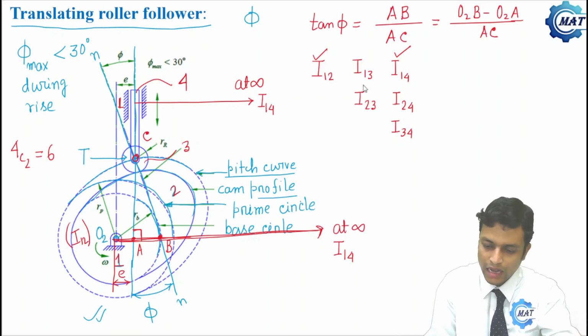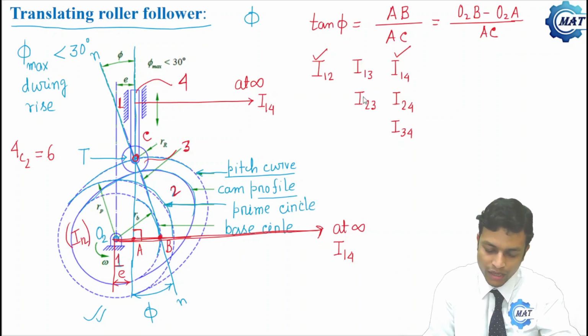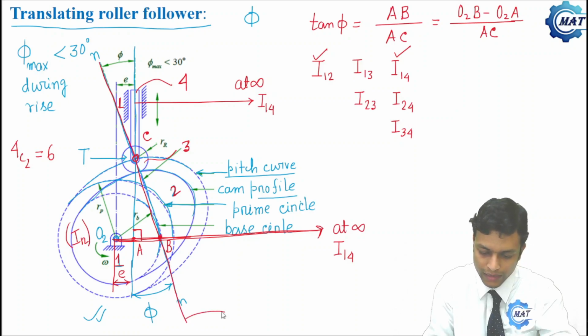Now where is I23? 2 is the cam and 3 is the roller, and the roller rolls as well as slides over the cam. So I23 will lie on the common normal at the point of contact.